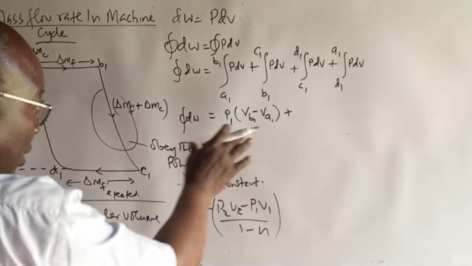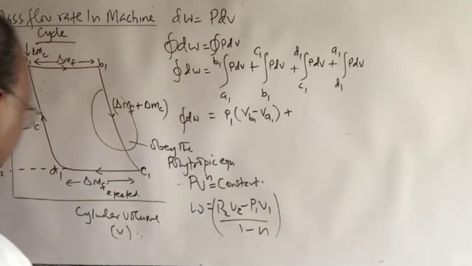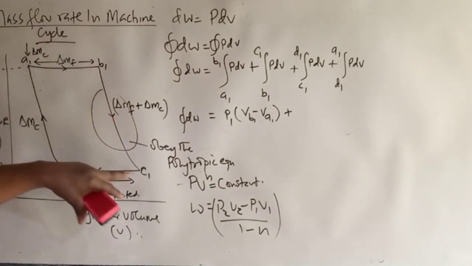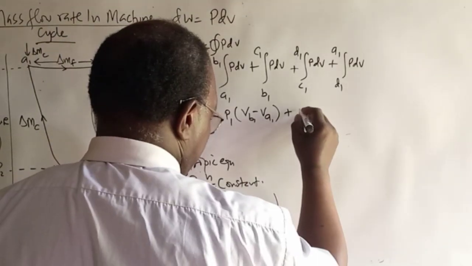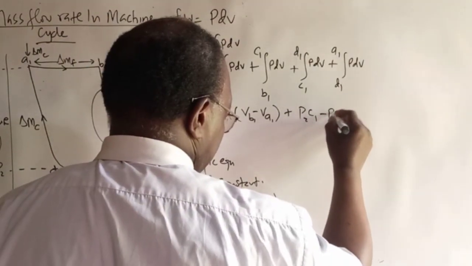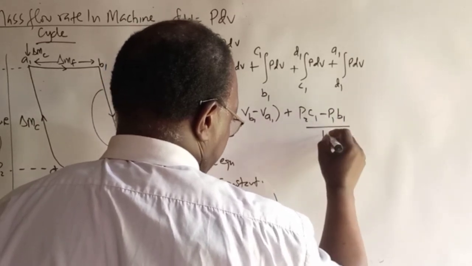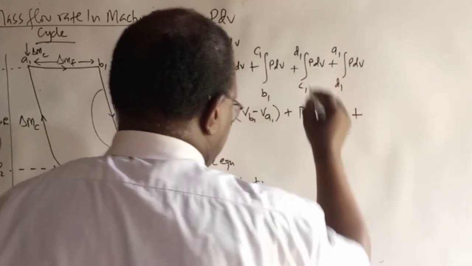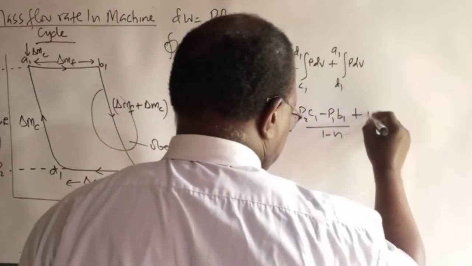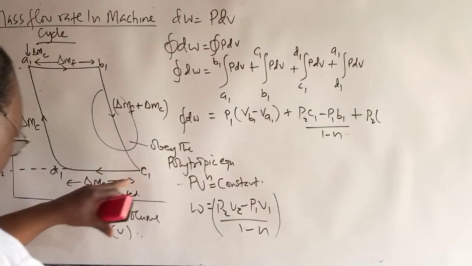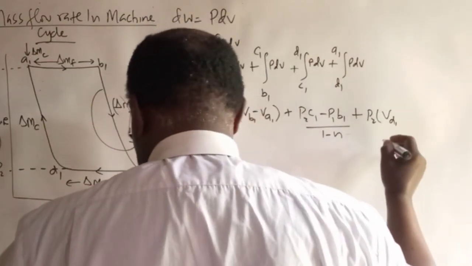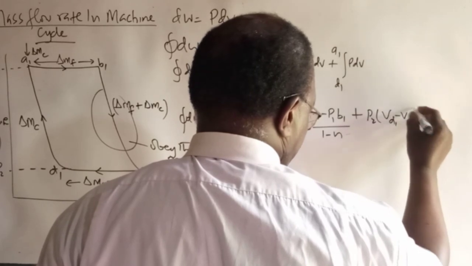Now, if we use the polytropic equation for the adiabatic expansion, B1 to C1, then we will have (P2 VC1 minus P1 VB1) over (1 minus n). And for the other process, C1 to D1, we have P2 times (VB1 minus VC1).